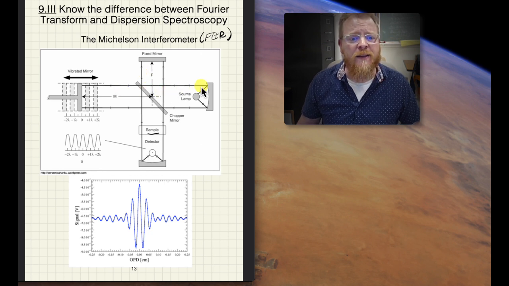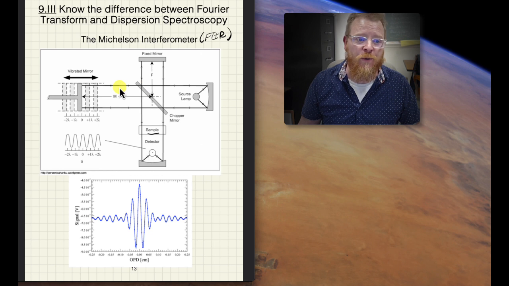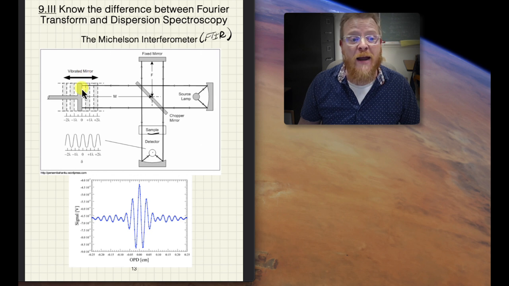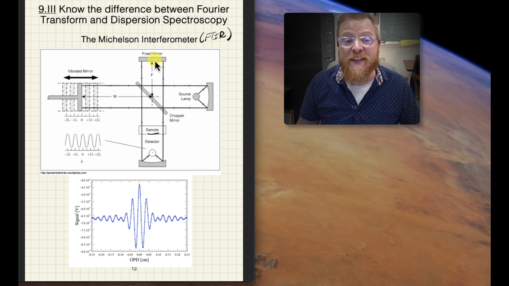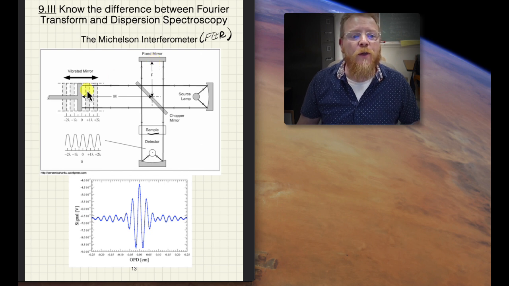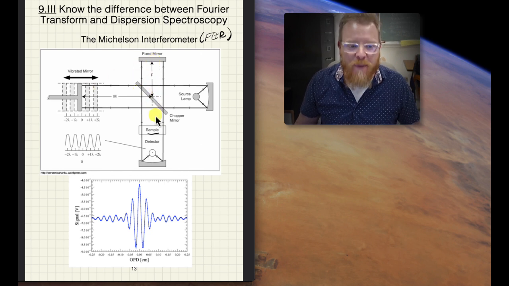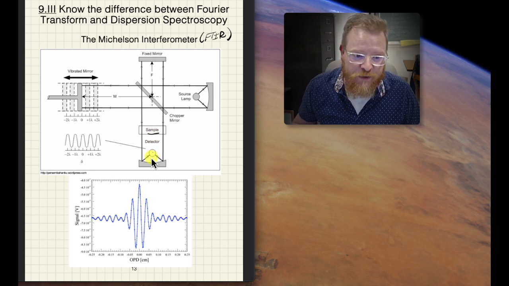The light that passes through the beam splitter will bombard onto this moving or vibrating mirror, as well as this fixed mirror. Those two signals will then recombine and pass through the detector.